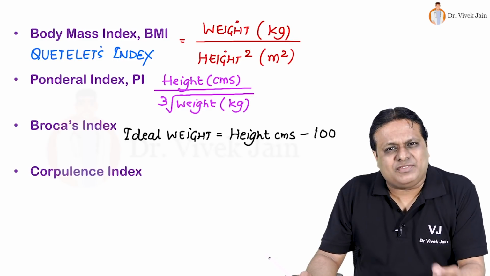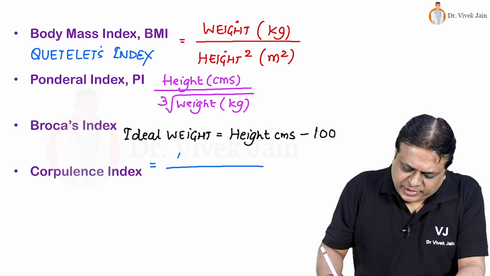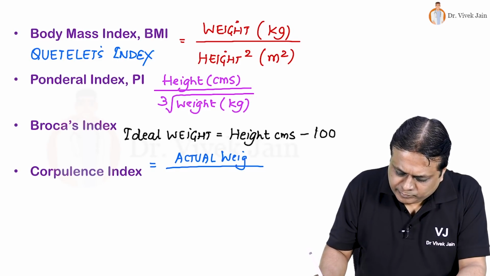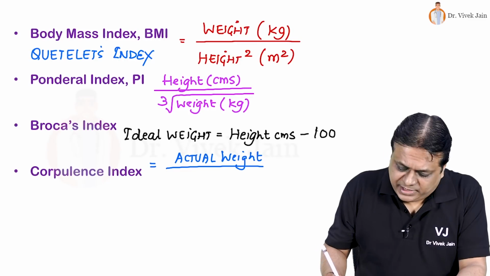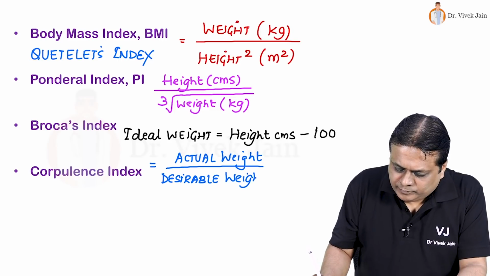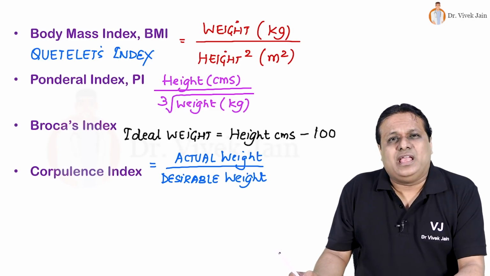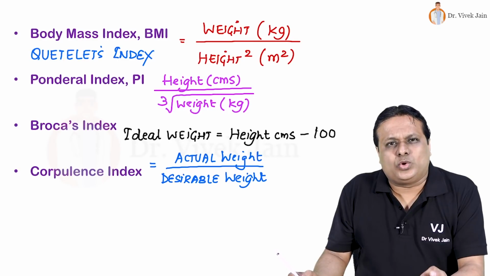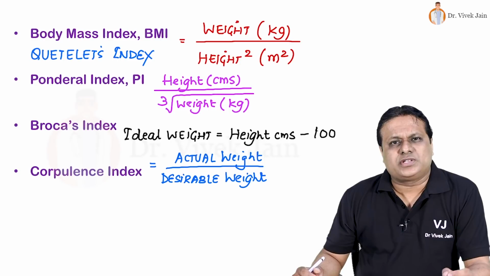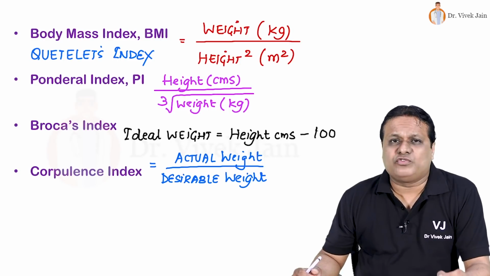Corpulence index is given by the formula actual weight of the person divided by desirable weight, and normal value is less than or equal to 1.2 for corpulence index. We also use skin fold thickness as a very accurate measure of obesity.